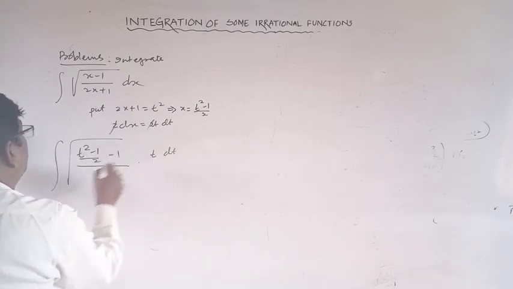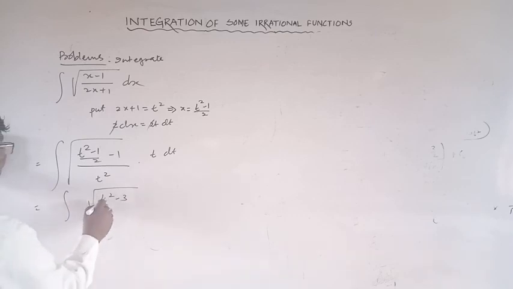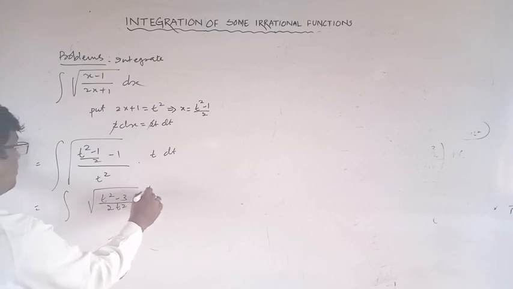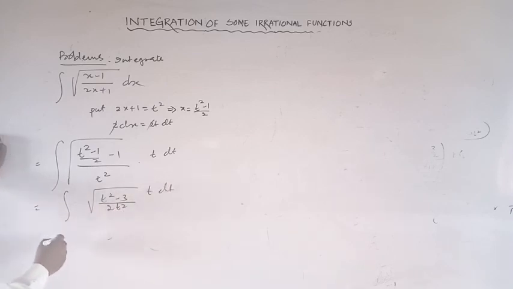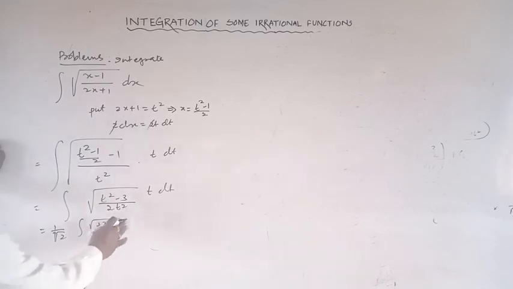So this is equal to the integration of ((t square minus 1) minus 2) by 2, that is (t square minus 3) by 2, into t dt. So this is 1 by root 2, and root over t square means t, and this is the integral of t square minus root 3 square.